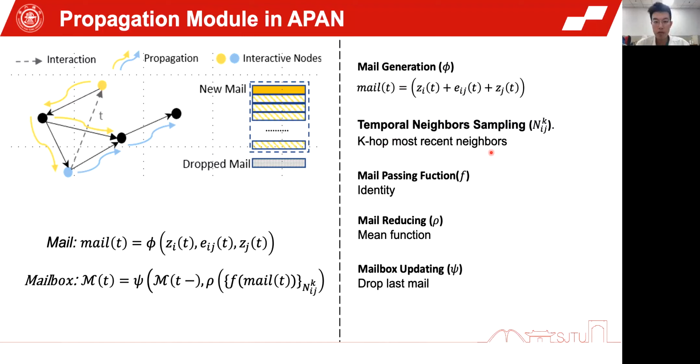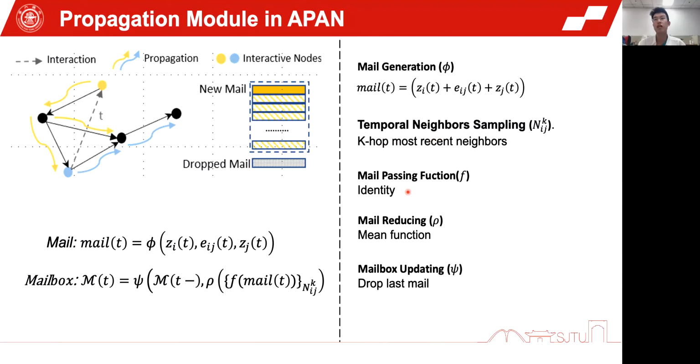Because our APAN aims at modeling the rapid change trend and updating the node embedding. So the most recent neighbors have a lot of time information, or temporal information, and it is easier to restore the time information from the most recent neighbors.